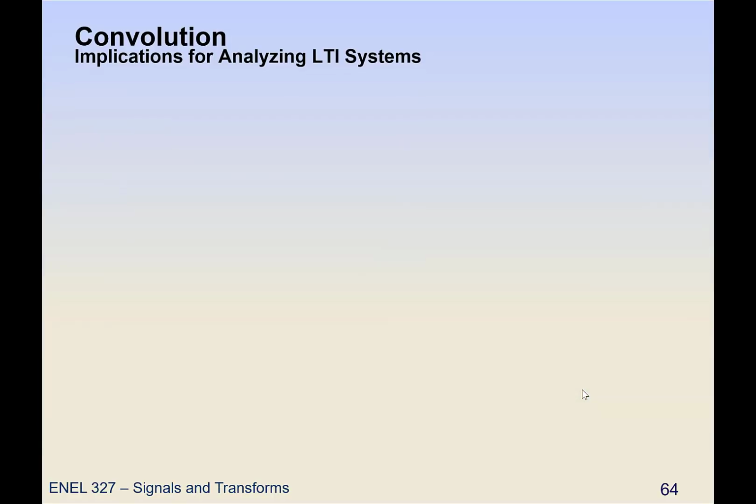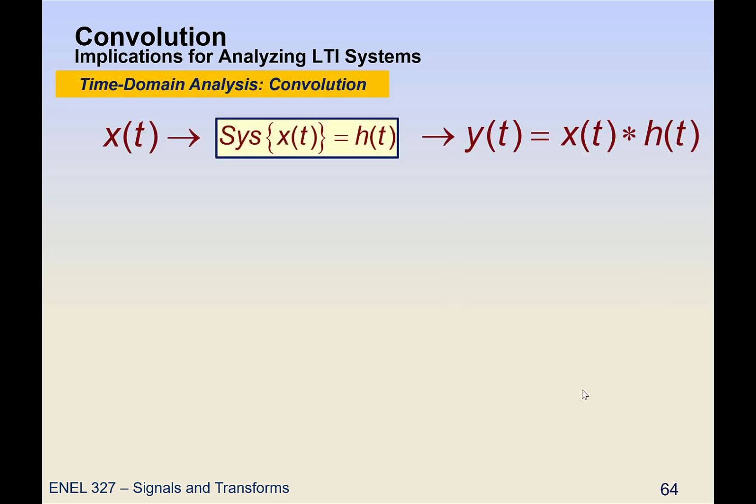Okay, this is going to have huge implications on our methodology for analyzing linear time invariant systems. That's going to be the next section of the course, but let's just give a hint of it right now. So previously, if we wanted to figure out what's the output of a system, if the input is x of t and I found the impulse response, I had to do a convolution.